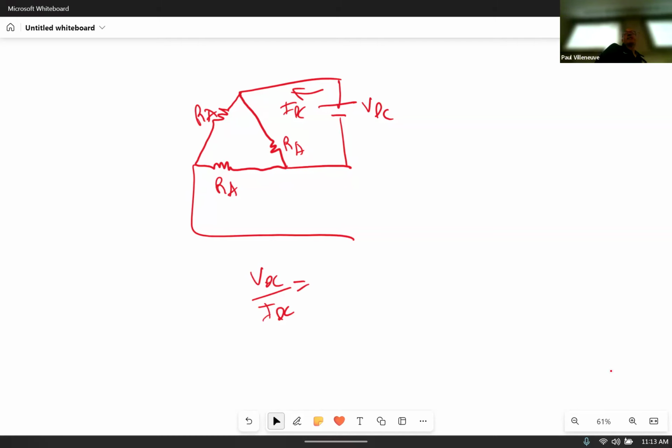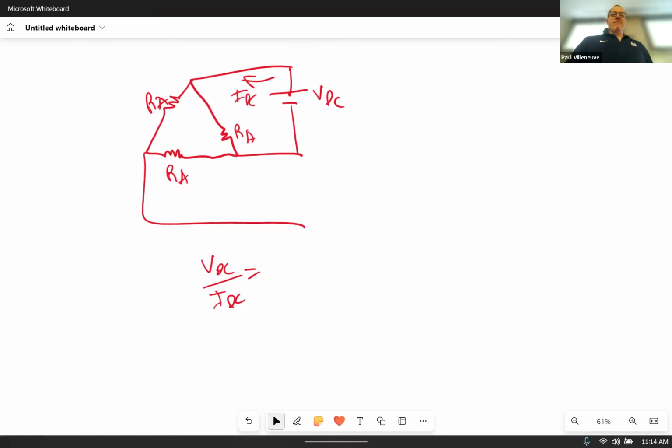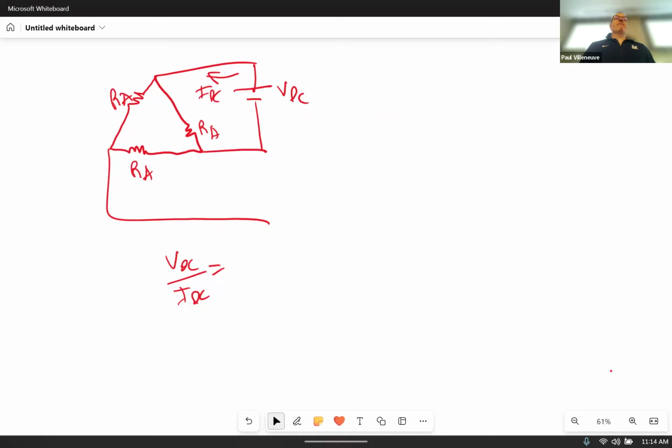Yes, sir? RDC, that's the RDC, but looking at the schematic, what is it equal to? The equivalent of, yeah. The equivalent, the all in 3 times RA. No, 3 times RA? No, but then the equivalent of all.